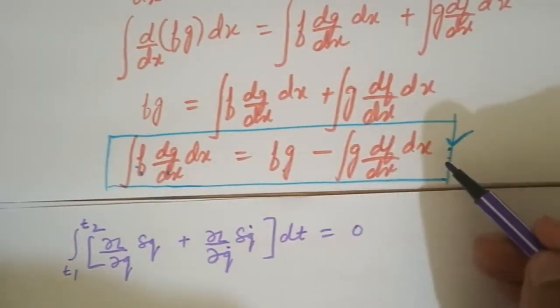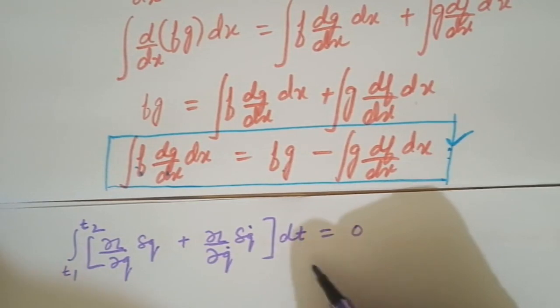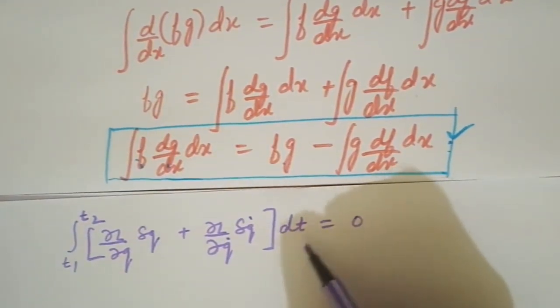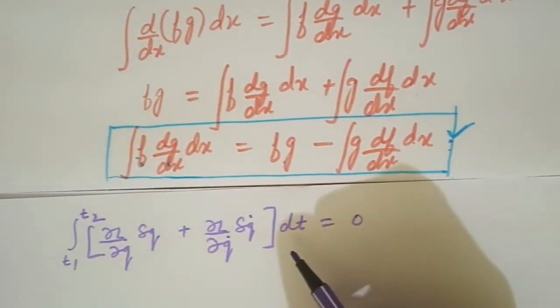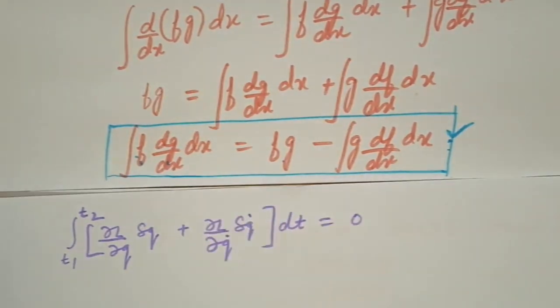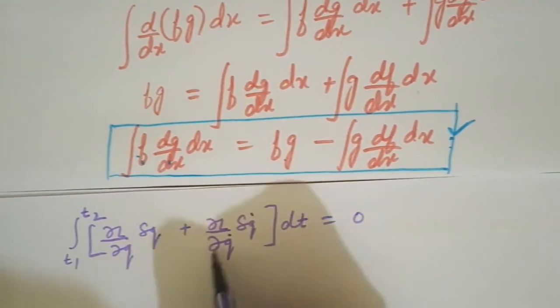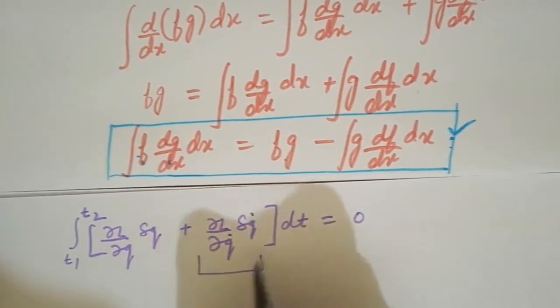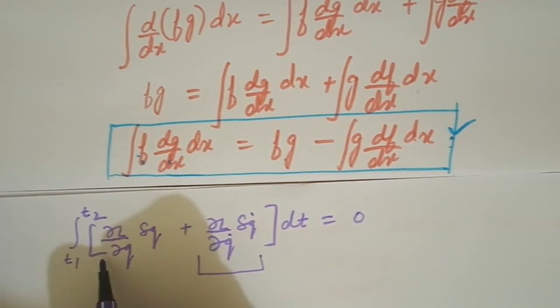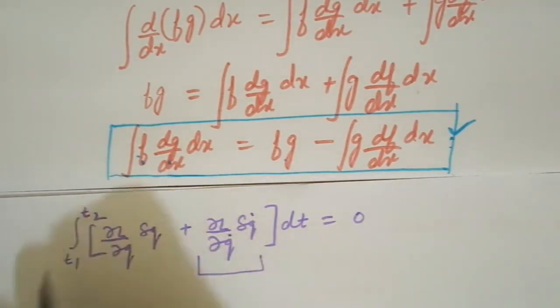Now I'm applying this identity to this principle of least action, which we have already stated. You can see that I'm applying this identity to this part. This part remains as such because this is already in the simplest format.